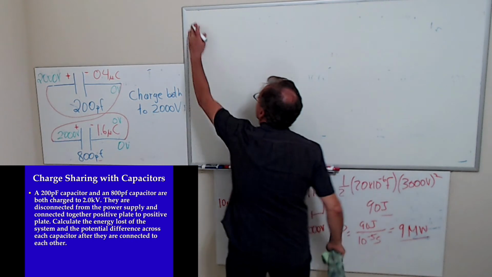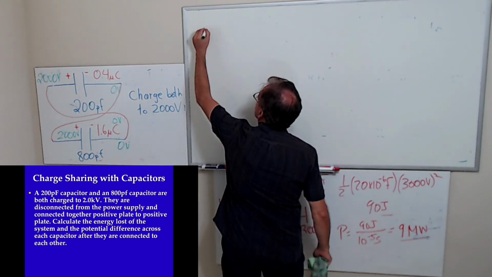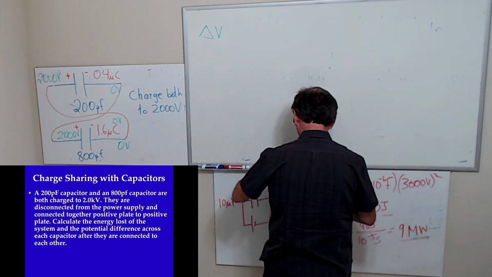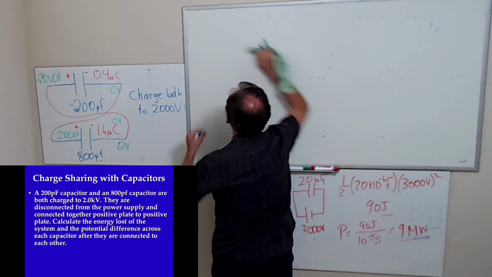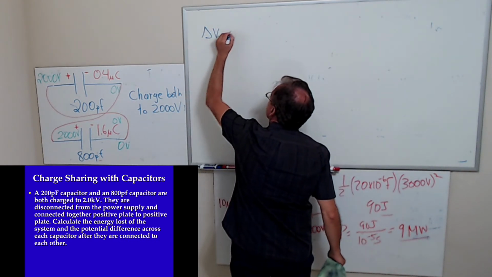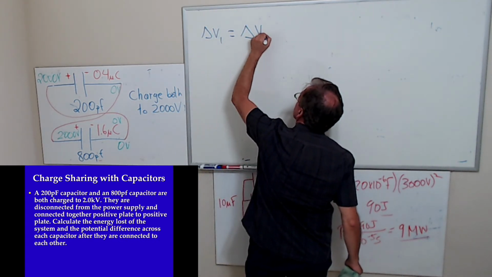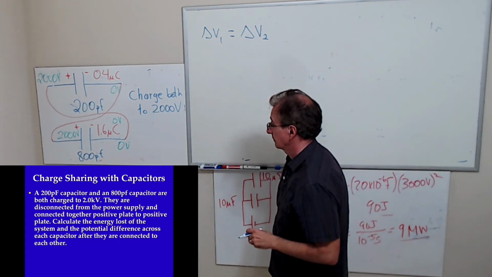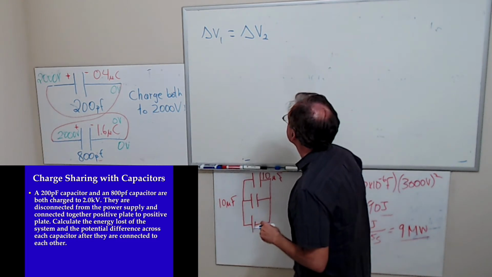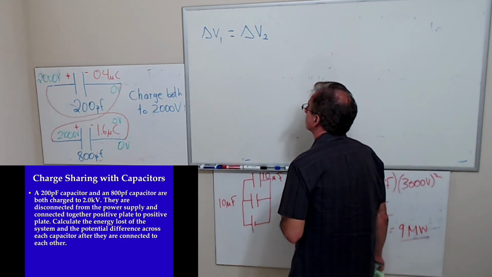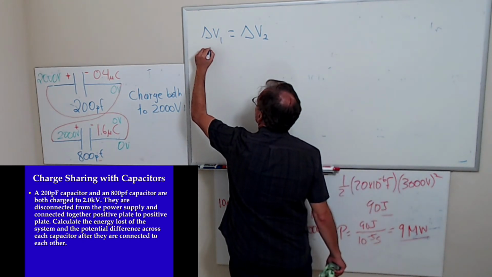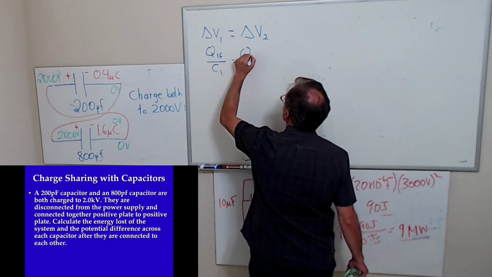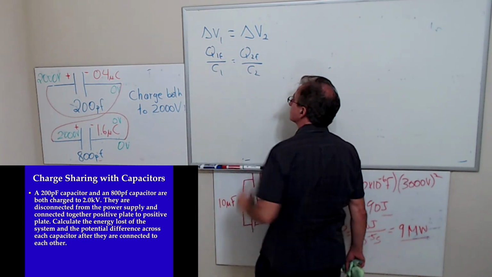So the charge will flow until the potential difference across the first capacitor is the same as the potential difference across the second capacitor. Or you can say Q1 final over C1 has to be equal to Q2 final over C2.